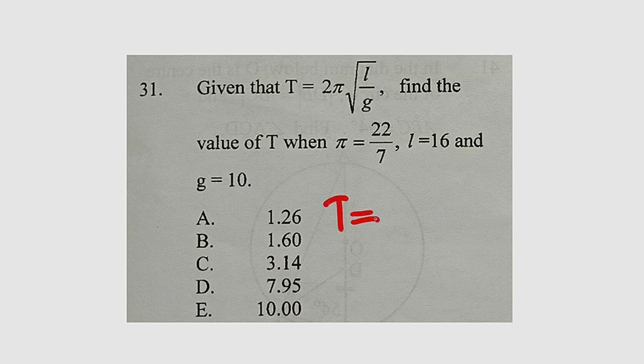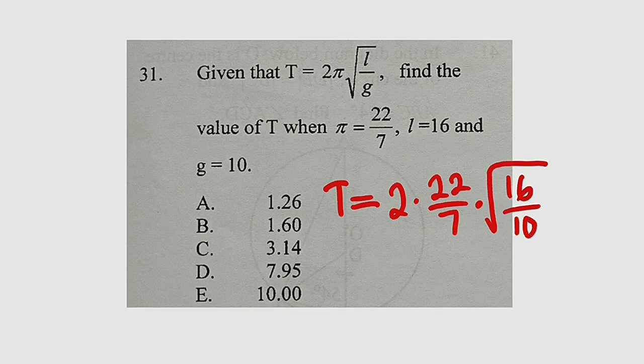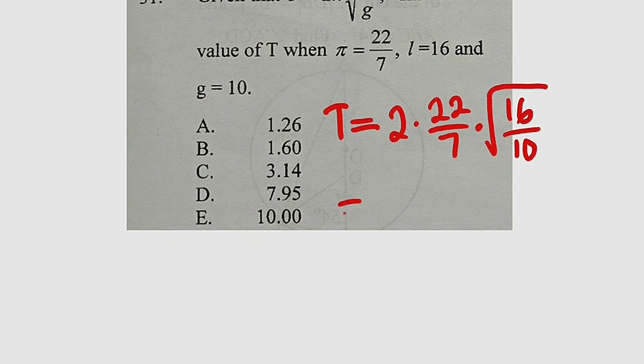So t will be equal to 2 multiplied by pi, which is 22 divided by 7, then multiplied by the square root of L, which is 16, divided by G, which is 10. If you simplify this, you get 2 times 22 is 44, divided by 7, multiplied by the square root of 16 divided by 10, which is 1.6.